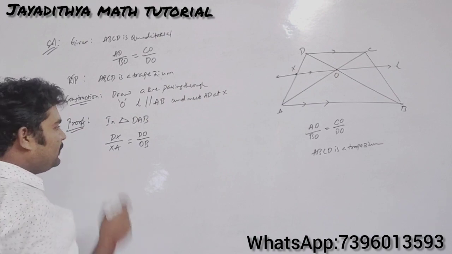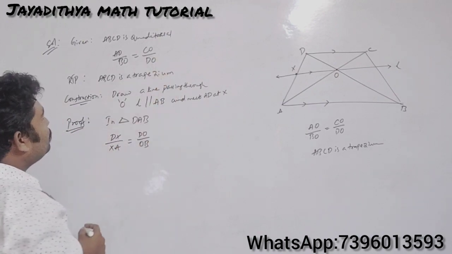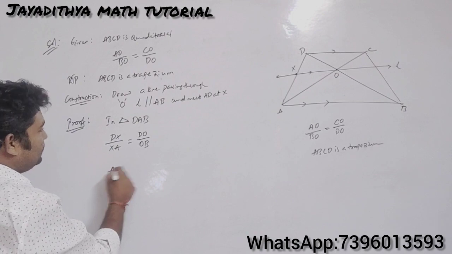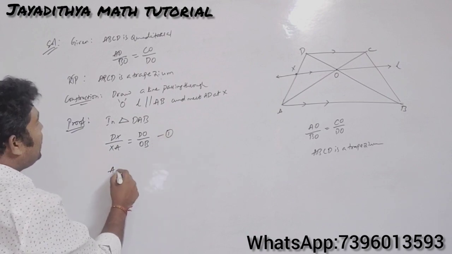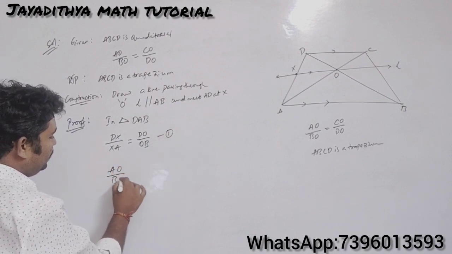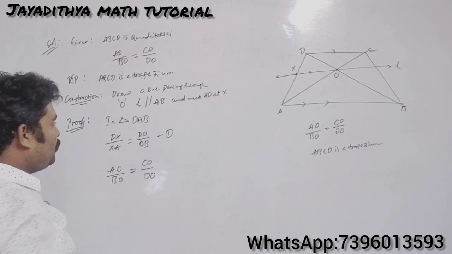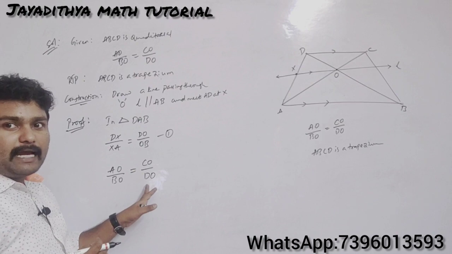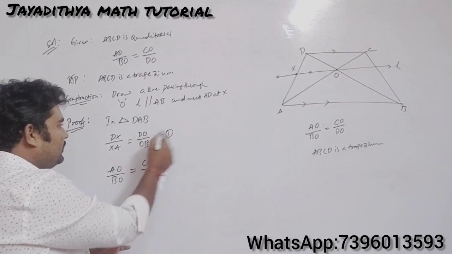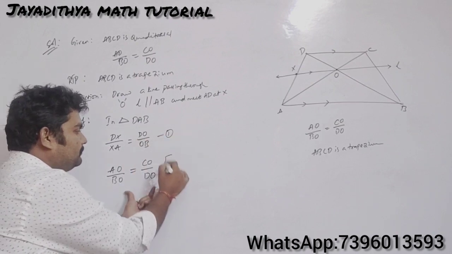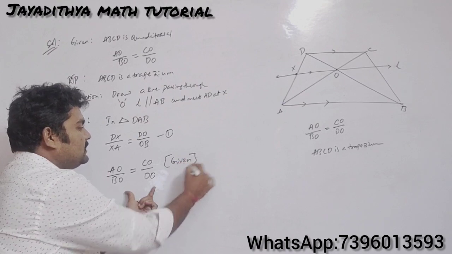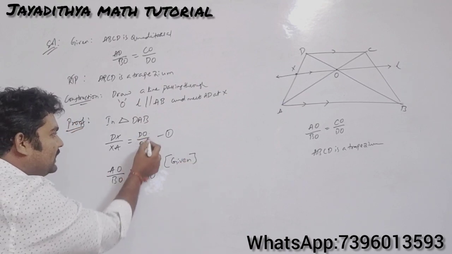Clear? And from the figure, what can you say? Already there is one more piece of information given for us. Let us take this as equation 1, and here AO by BO is given as CO by DO. So can you find any relation between equation 1 and the given equation? So I want here DO by OB.